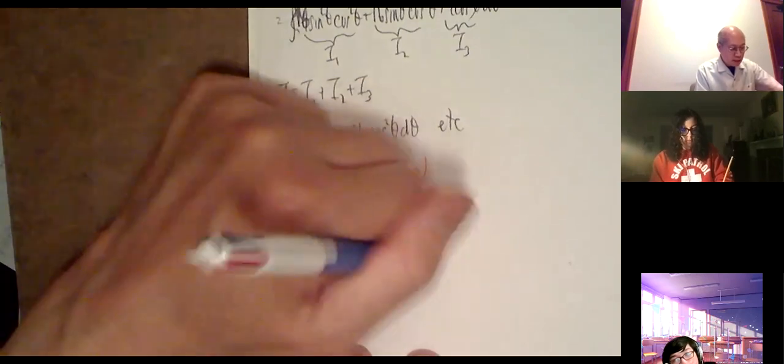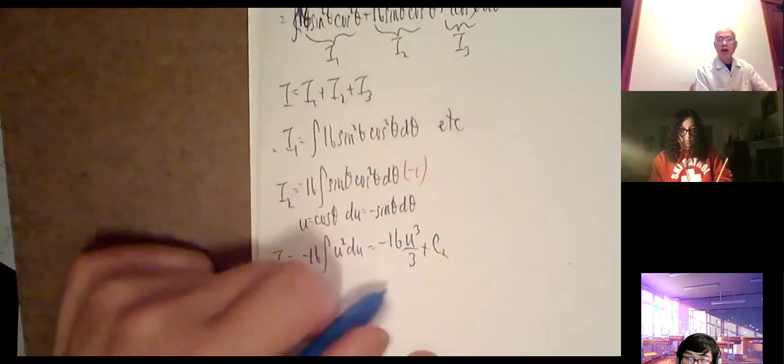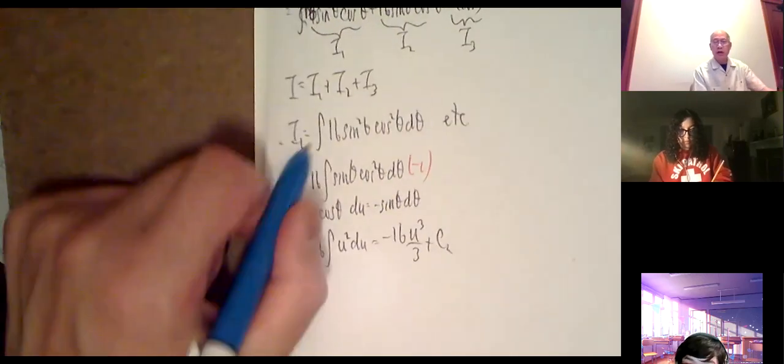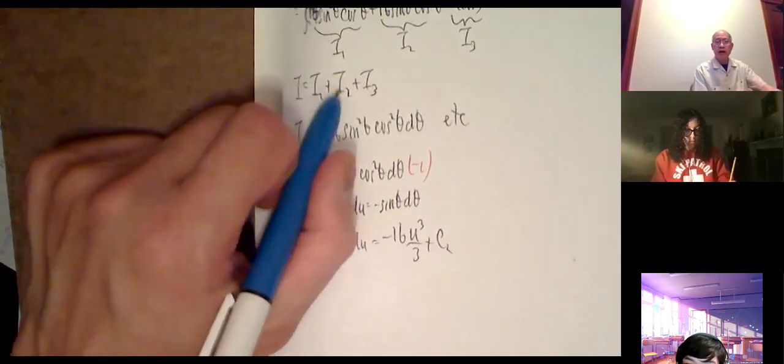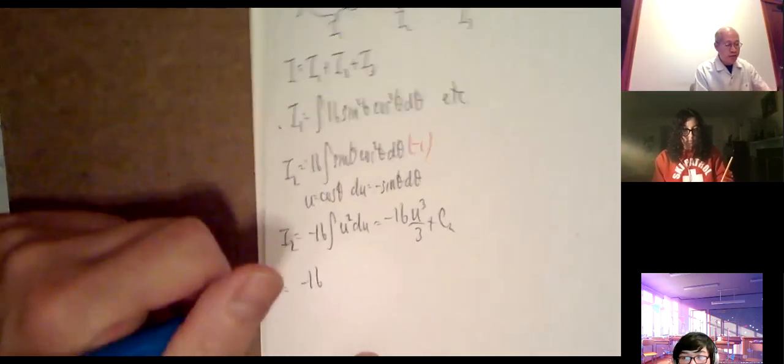That's negative 16 u cubed over 3 plus, well, I'm going to call it C2 because I was doing I2. There's going to be a C1 for I1 and a C3 for I3. Okay, but plug stuff back in.